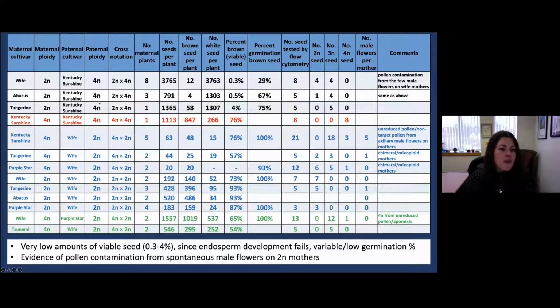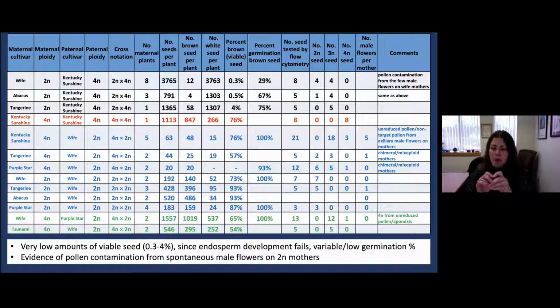All right, so the first cross we set out to do is we had diploid mothers and we had tetraploid pollen from the cultivar Kentucky Sunshine. Things looked good to start. It looked like the diploid mothers were making loads of seed, but as things progressed, we noticed that the seeds were not ripening. They were not turning brown.